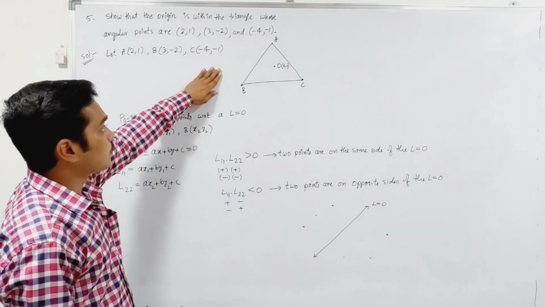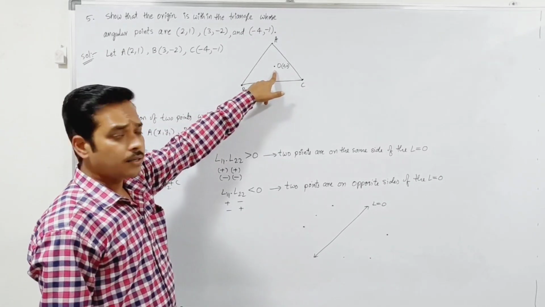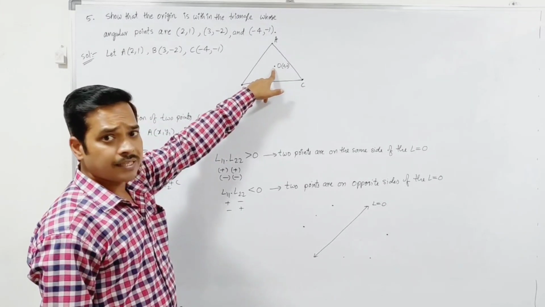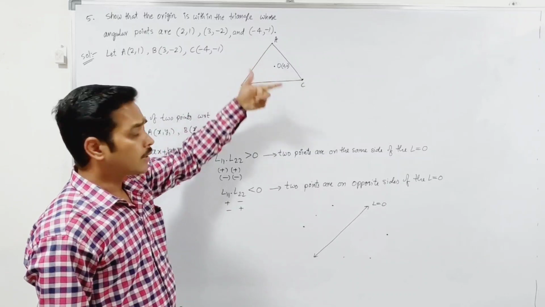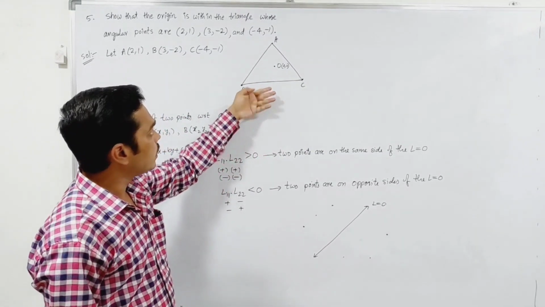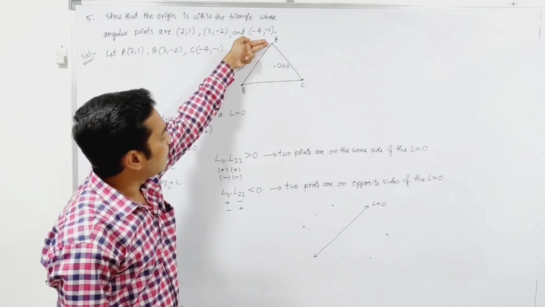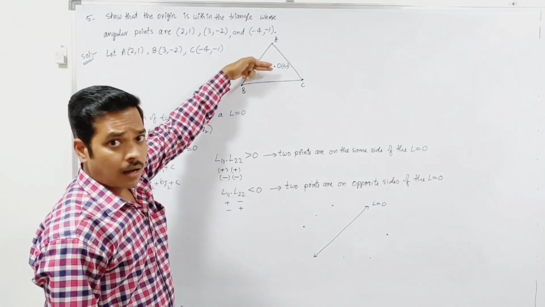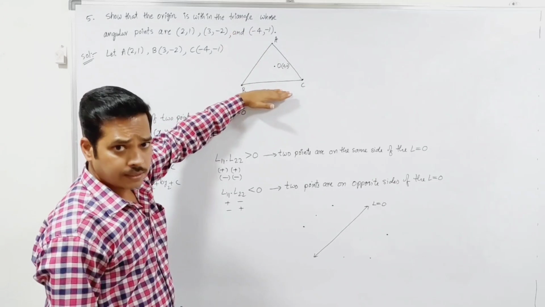In this problem, if the origin is within the triangle, then for side BC, the 2 points, vertex A and origin, are on the same side of side BC.